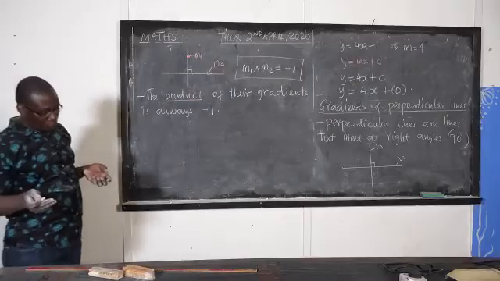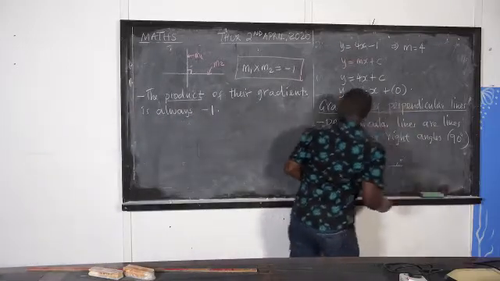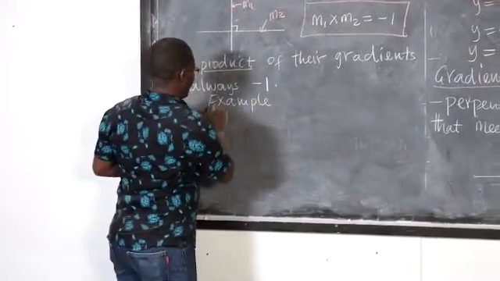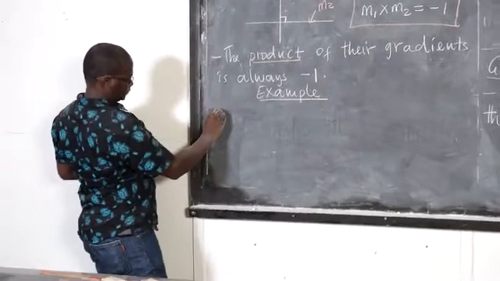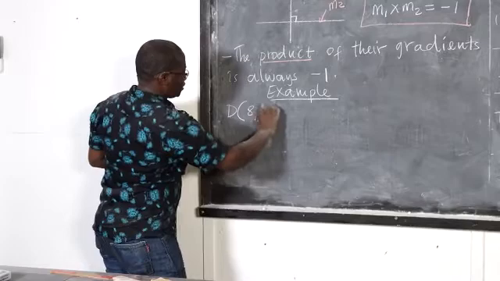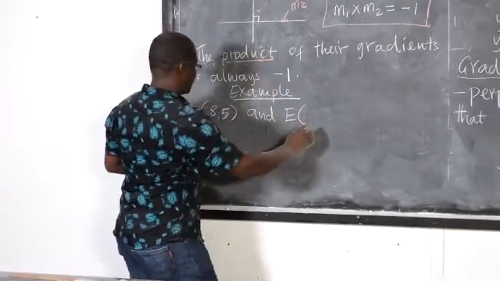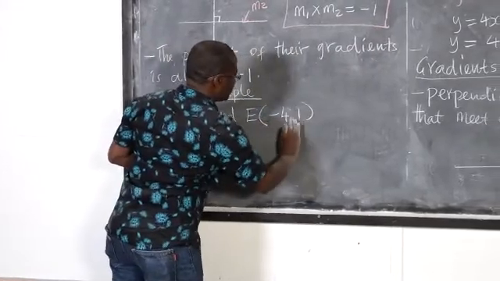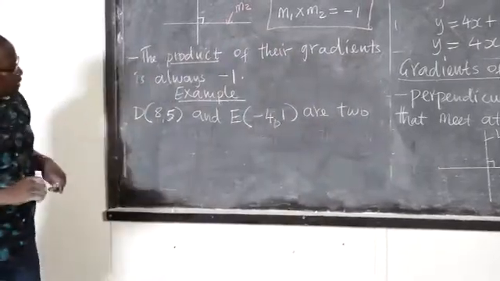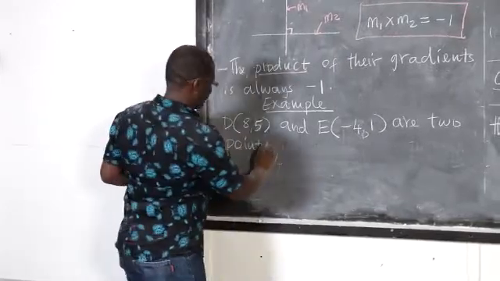At times, you'll understand better after looking at this example. D (8, 5) and E (-4, 1). These are two points.